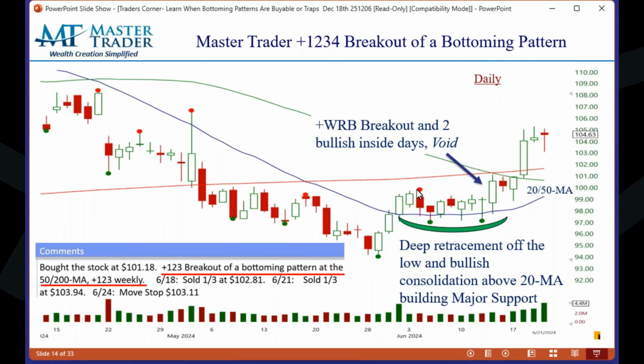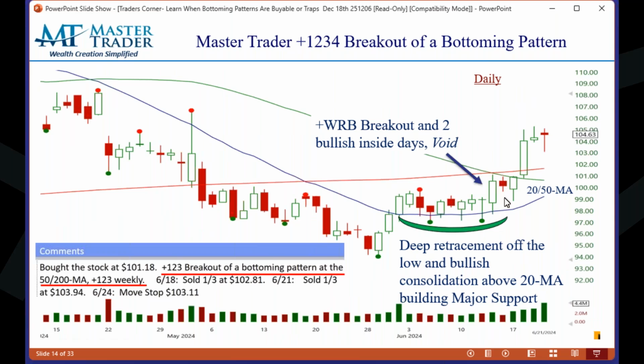It surely ain't there. Go sideways, sideways, bottoming tails. Bottoming tails means there's buyers lurking below. The 20 MA flattened out. Wide range igniting breakout, inside bar, second inside bar that takes out the low of the other one. That's what we call a 1, 2, 3, 4 instead of a 1, 2, 3.